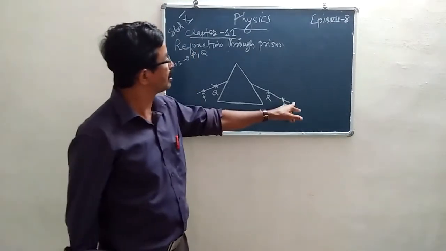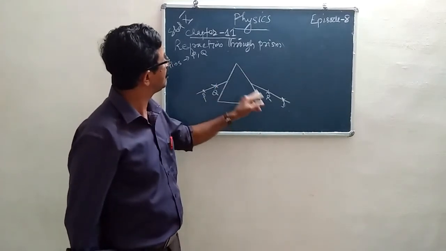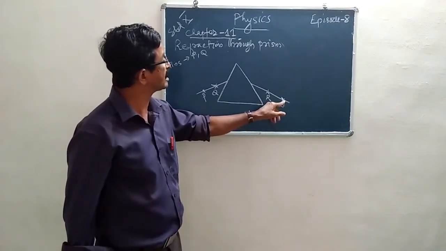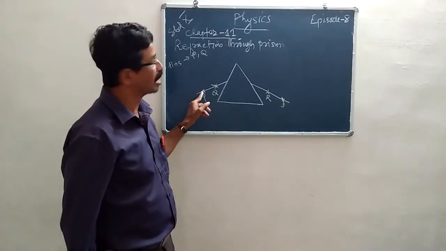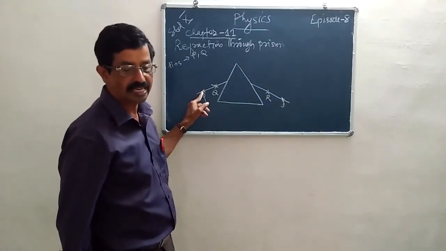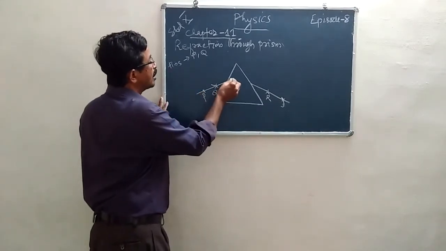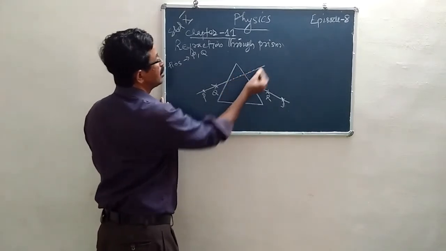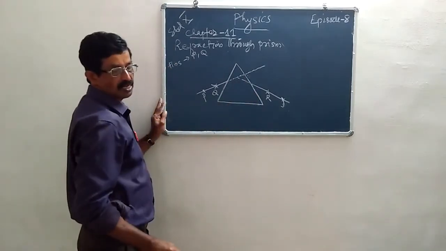Then you fix another pin also, that is S. Now, when you look from this side, after placing the prism here, you can see S, R, P, Q all in a line. Now, you extend this line in this way after removing the prism, and this also in this manner.